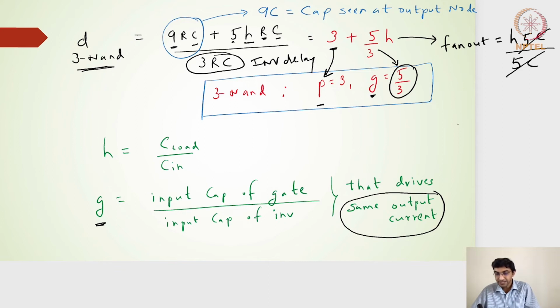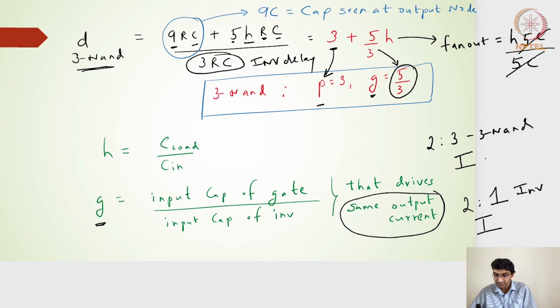So what it means is, if I'm taking the 3 input NAND gate, the output node capacitance is discharging at a current of I. Whereas with respect to the 2:1 inverter, this inverter is also going to discharge with the same current of I. Because in both cases, we have adjusted the sizes of the NMOS and PMOS so that we get the falling and the rising resistance of R for the 3 input NAND gate as well as for the inverter.